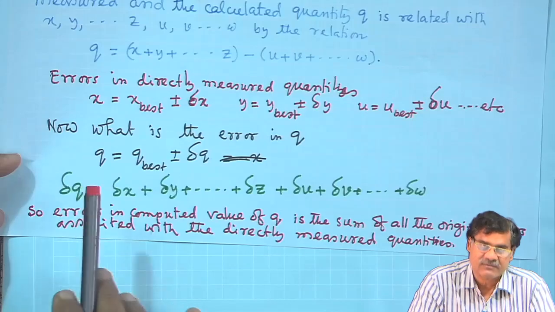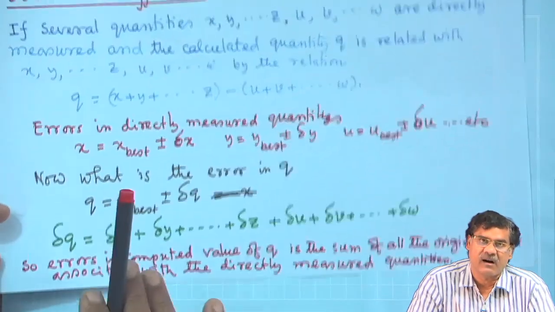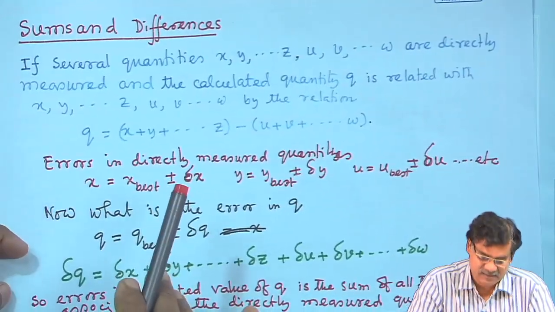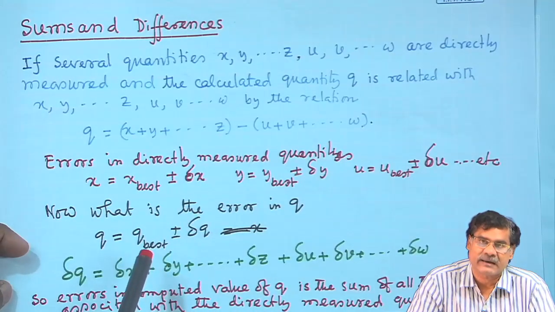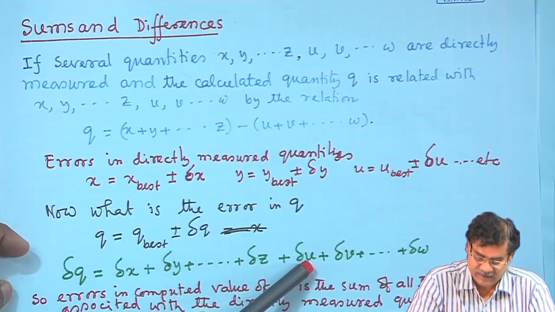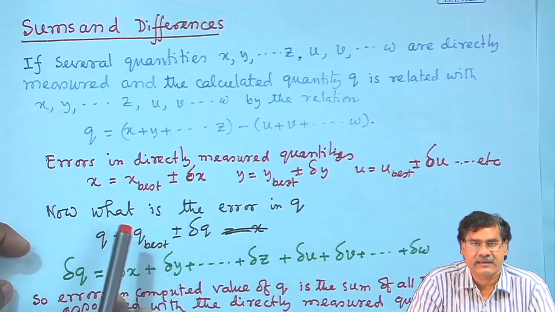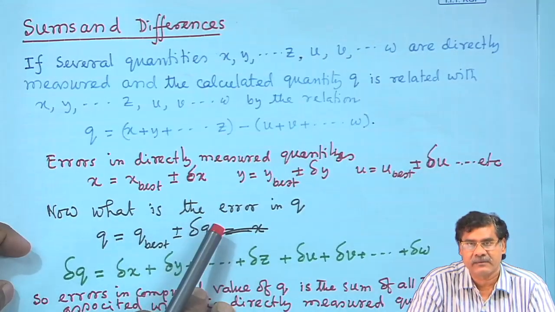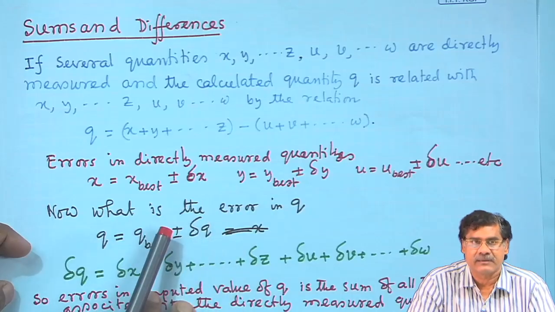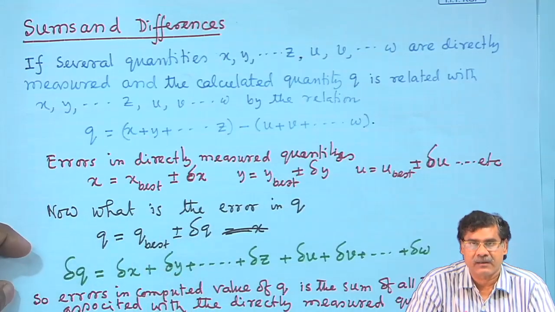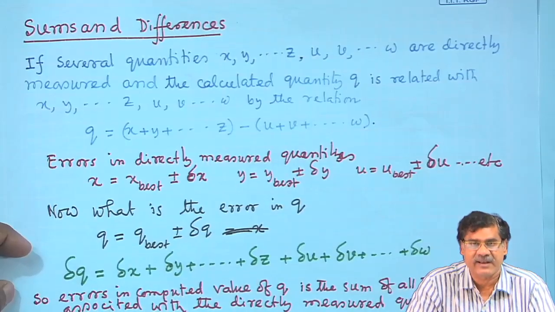So in case of summation and difference, subtraction, absolute errors are added. Okay. But in case of product and division, you will see that not the absolute but the relative errors are added. Okay. So that I will show next.